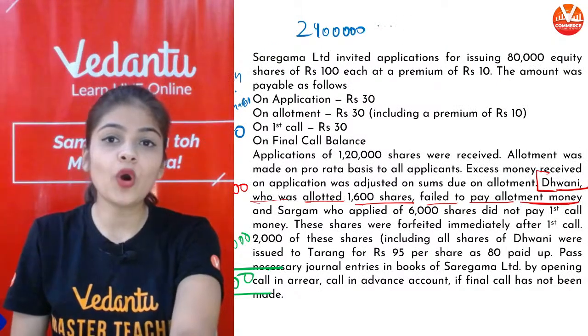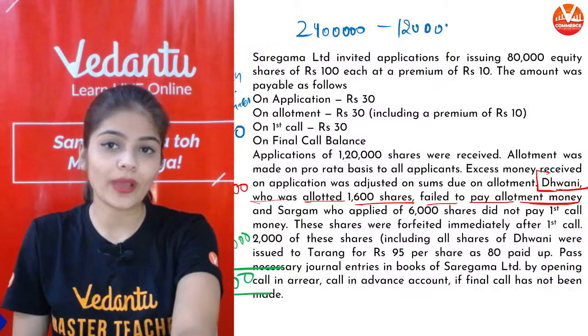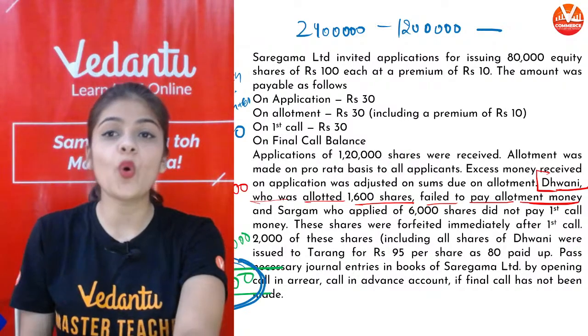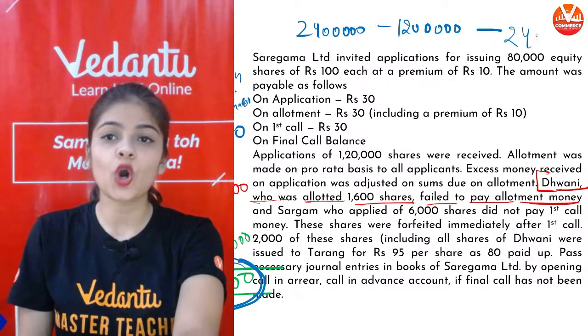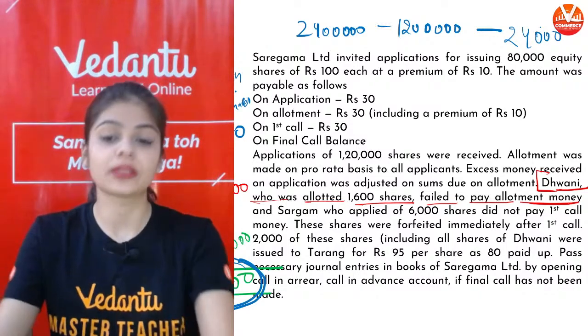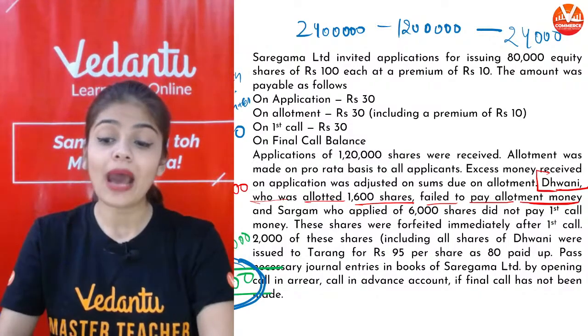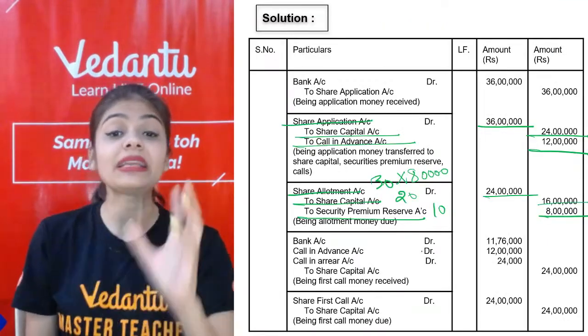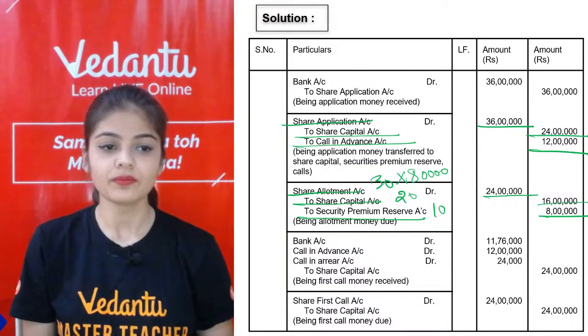So 24 lakh minus 12 lakh and minus calls in arrear 24,000. So now how much money will be received? 11,76,000.